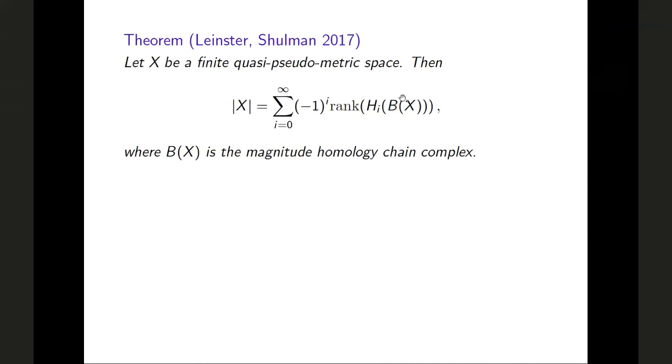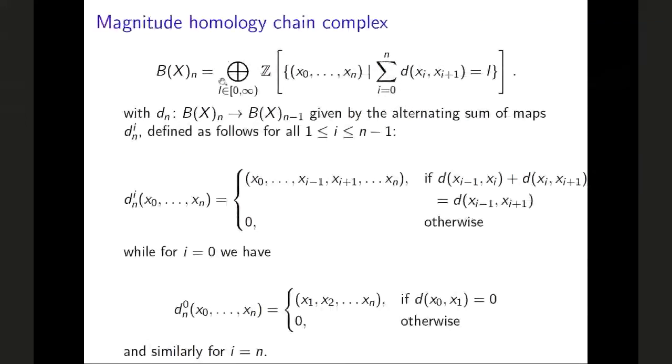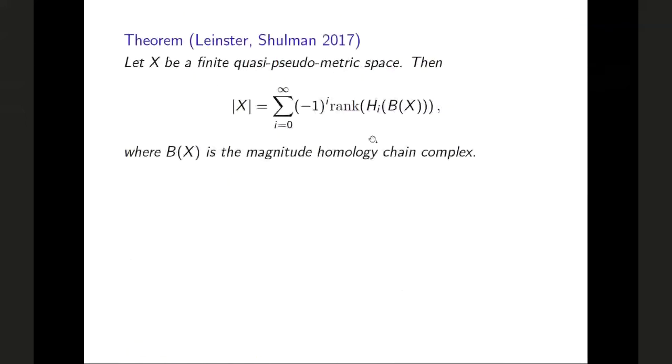Well, what you should keep in mind here is that this is an abelian group graded by non-negative reals. And so what one can do is define the Euler characteristic very generally for any dualizable object in a symmetric closed monoidal category.